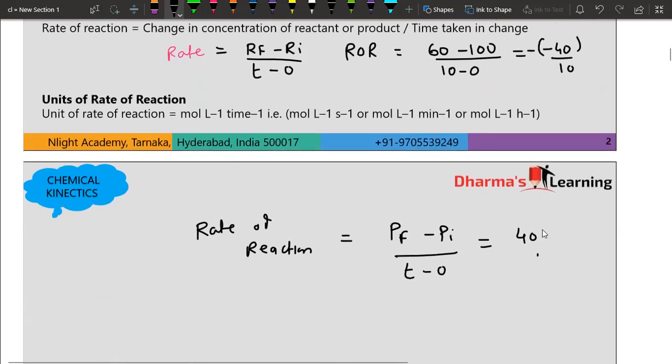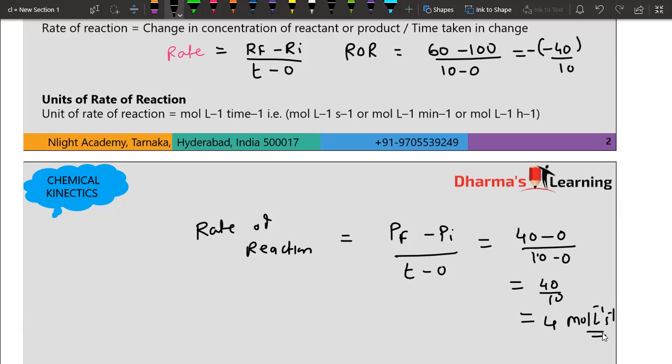So the final concentration is 40 and the initial concentration is 0, divided by time 10 minus 0. Here also we get 40 by 10, which is nothing but 4 mole per liter per second. We will now discuss the unit of the rate of reaction also.